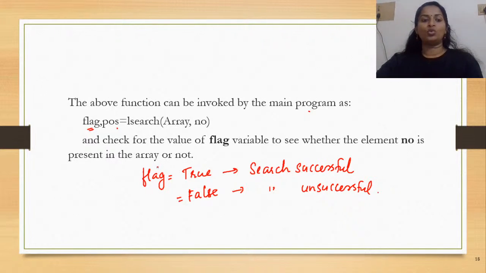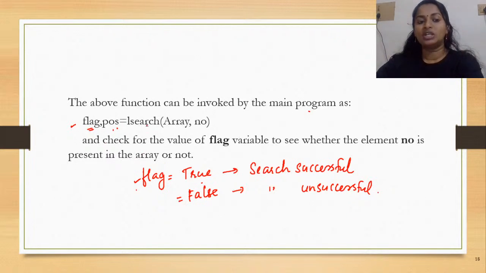So after the function call in the main program, all you need to do is check the value of the flag. If the value of the flag is true, your search is successful and you print the value in pos. If the value is false, just give the message stating that the search was unsuccessful, meaning the element was not present in the array or the list.